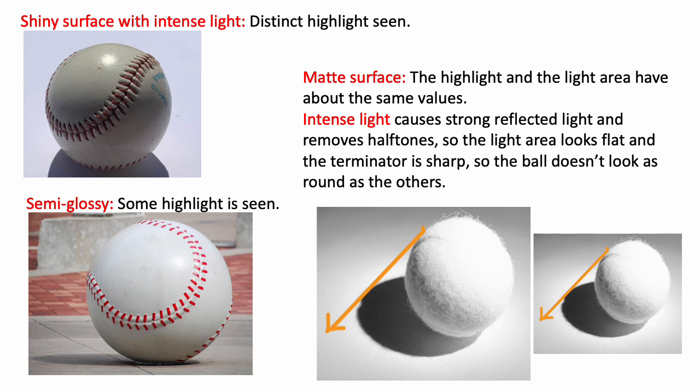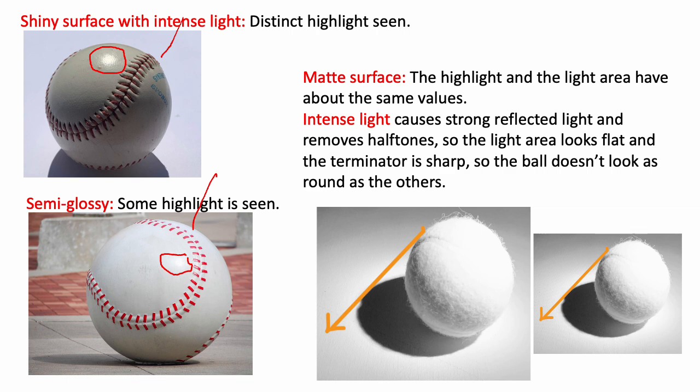The highlight becomes more distinct as the surface gets smoother and as light intensity increases. So this ball has a shiny surface in intense light, so its highlight is distinct. This ball is semi-glossy with less intense light, so its highlight is fainter.